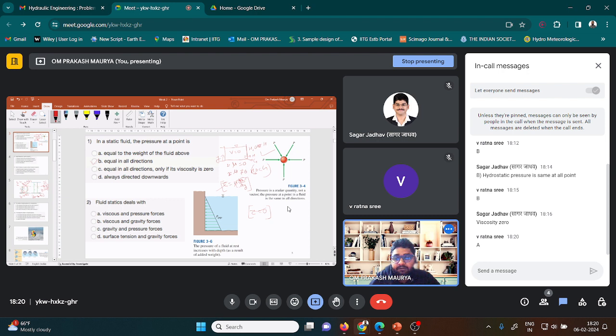Ratnasri is telling option A, viscous and pressure forces.